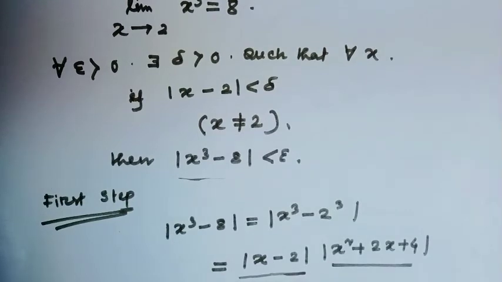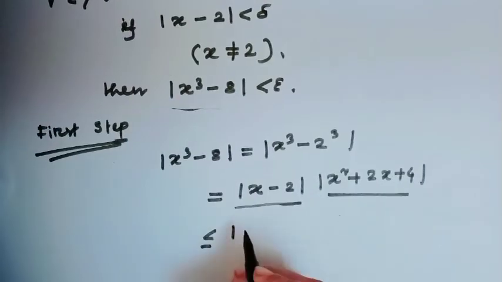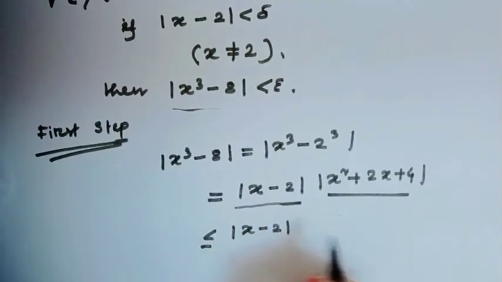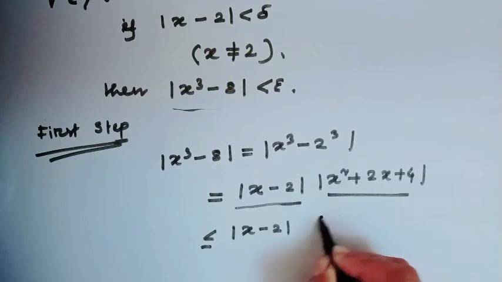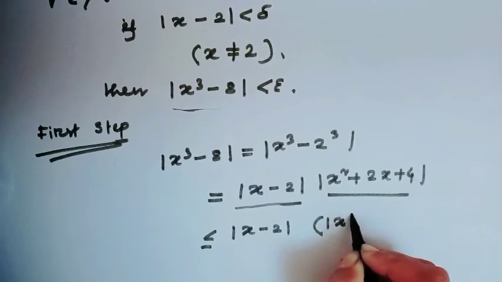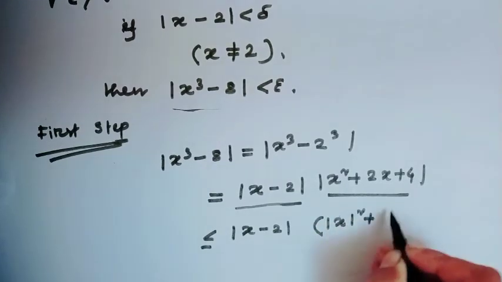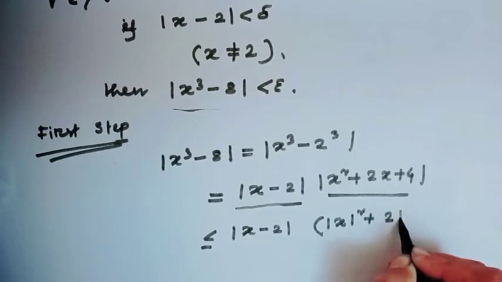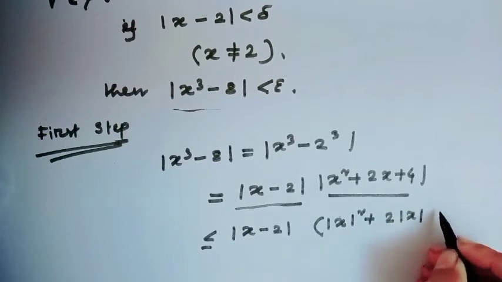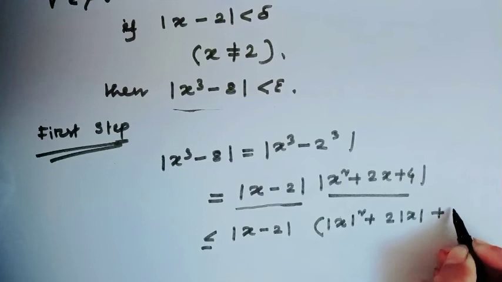Now we need to control this other term. By the triangle inequality, we can write it as less than or equal to the modulus of x minus 2 times the modulus of x squared plus 2 times the absolute value of x, plus 4.